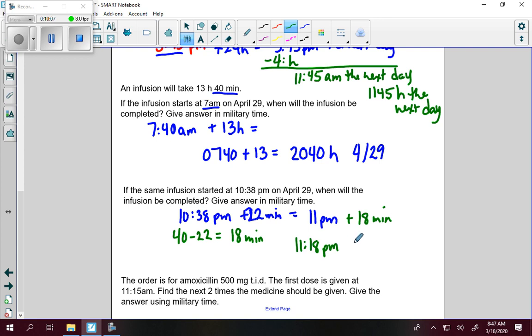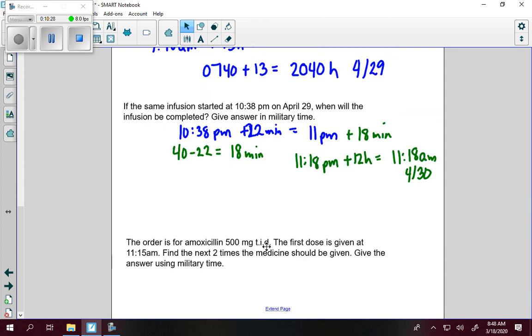And then I have to add my 13 hours. If I do 12 hours, then we're at 11:18 a.m. on April 30th.